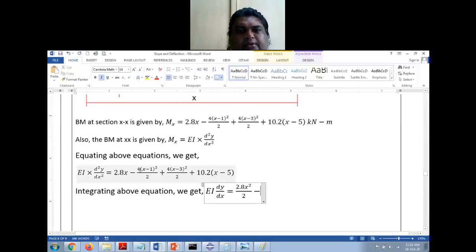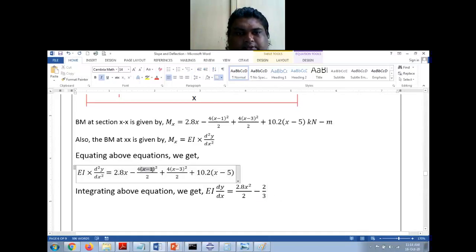Minus this 4 by 2 will be 2, right? 2 (x minus 1) whole square, so it will be 2 (x minus 1) whole cube by 3. So it is 2 by 3.